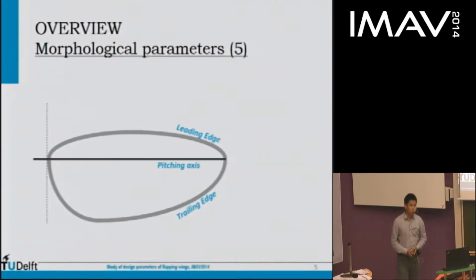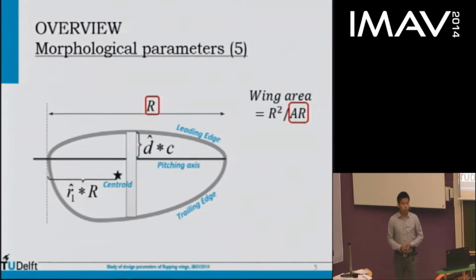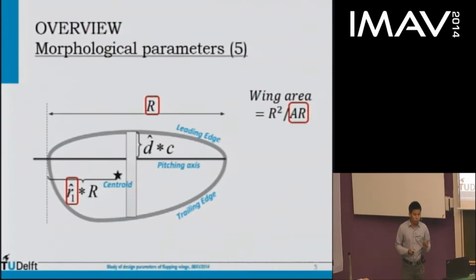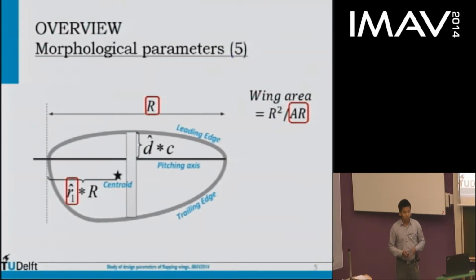We use 5 morphological parameters to describe the wing shape. The first two are the wingspan and the aspect ratio. With these two, we can determine the wing area. We use the normalized horizontal position of the centroid to quantify the wing area distribution in the span-wise direction. But we can still move the wing area up and down, so we introduce this parameter, the normalized distance between the leading edge and the pitching axis, to describe the chord-wise area distribution.